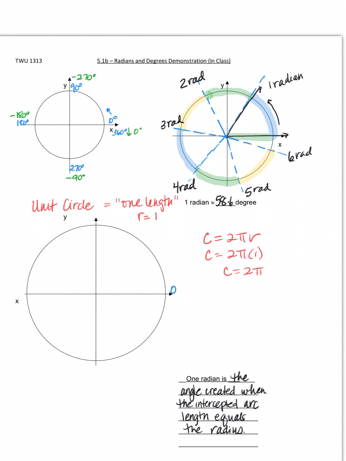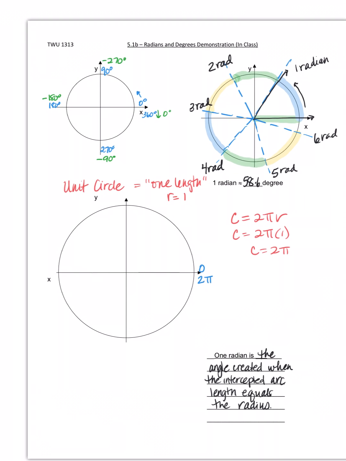So this is 0 radians, and then it goes to 2 pi for a full revolution. Now let's work backwards here. If a full revolution is 2 pi, what's half a revolution? It's just pi, isn't it? And what's half a half? If a half is pi, then half of that is 1/2 pi, isn't it?